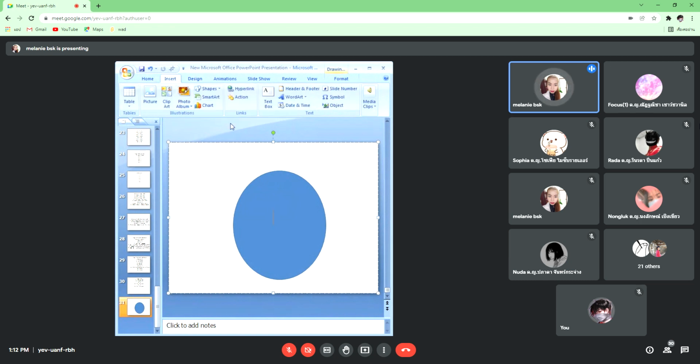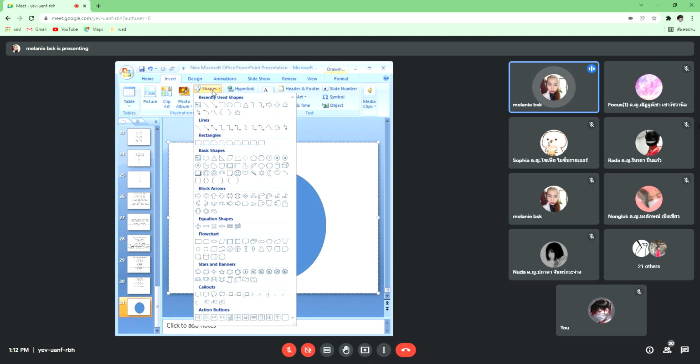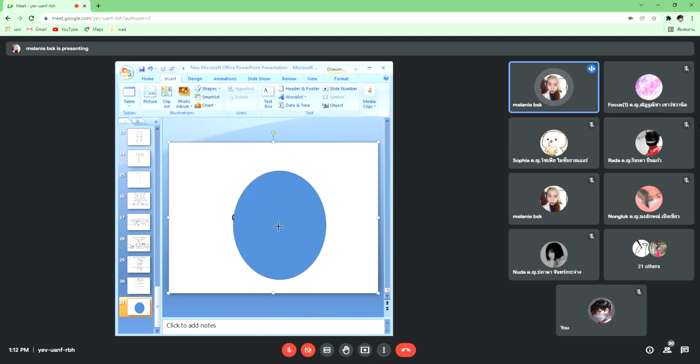So we're just going to insert something in here. For example, we have the center of the circle. This one is at the center. Where is it? I cannot see it.